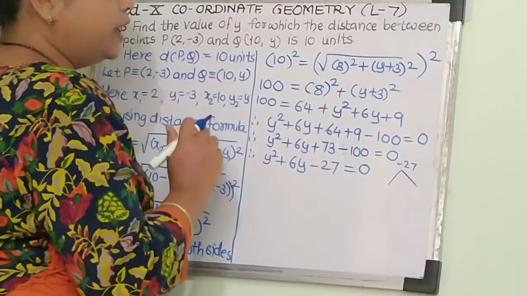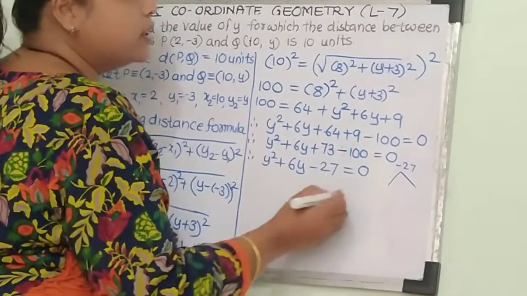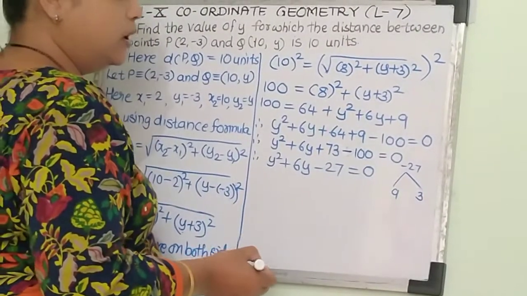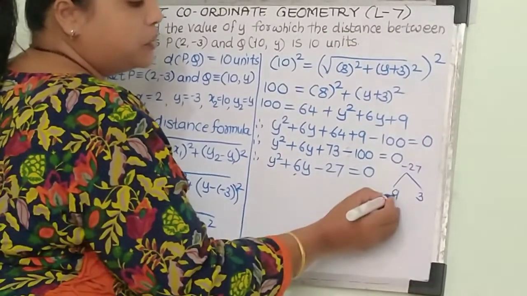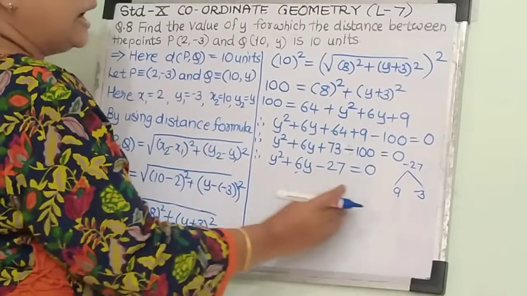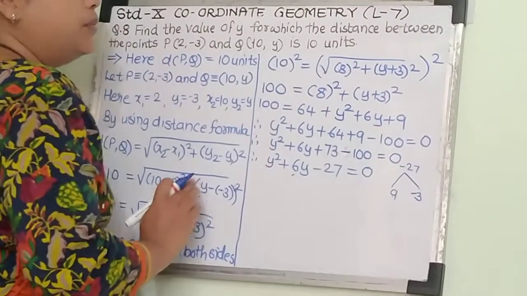So we have to find two numbers such that the product is minus 27. We know that 9 3s are 27, but we require the sum to be positive. So 9 minus 3 we get plus 6, and the product of a positive and negative number will be negative.